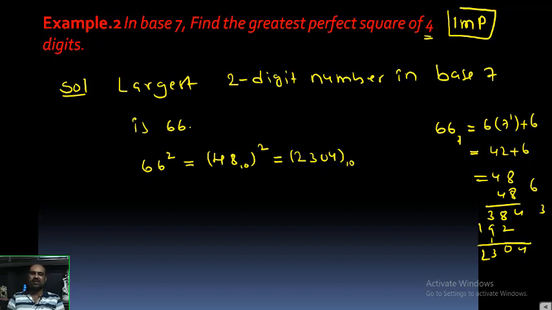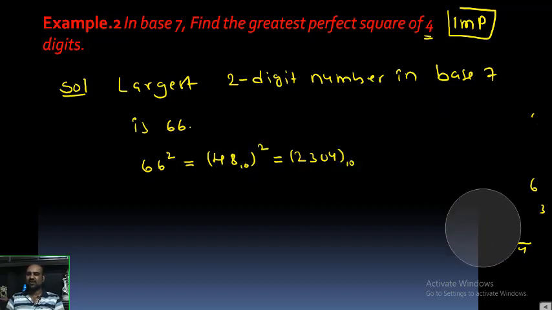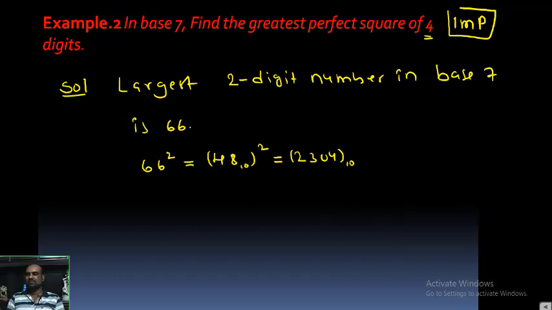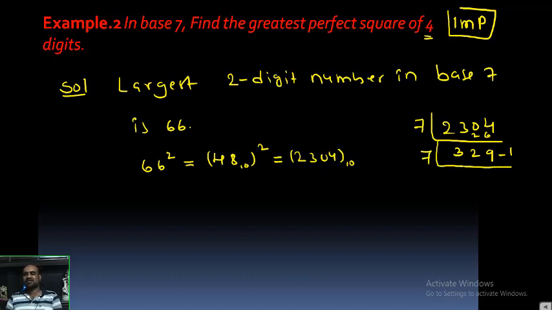But I want to convert the number to base 7. So I will write 2304 and convert it to base 7. 7 threes are 21, 2 remainder. 7 twos are 14, 6 remainder. 7 nines are 63, 1 remainder. 7 fours are 28, 4 remainder. 7 sevens are 49, 7 sixes are 42, 5 remainder.